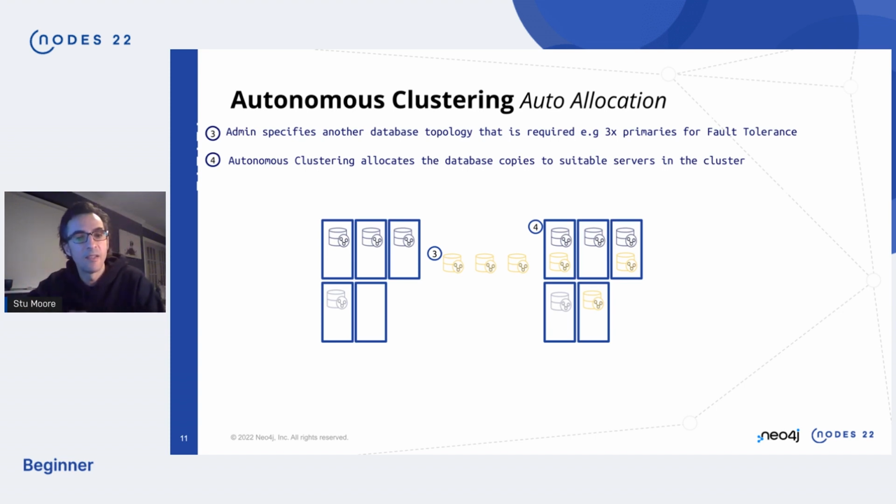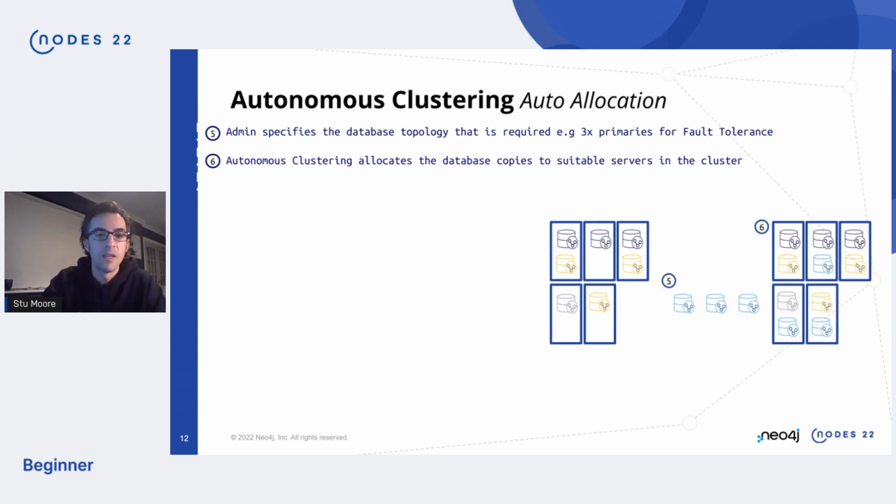Again, they get allocated to members of the cluster, and autonomous clustering will use the first algorithm that we've provided, which is an equal number. So it will distribute the databases in an equal number of databases per server. Then as you add your third and final database, it does the same thing. So you've got an even distribution of databases within the cluster.